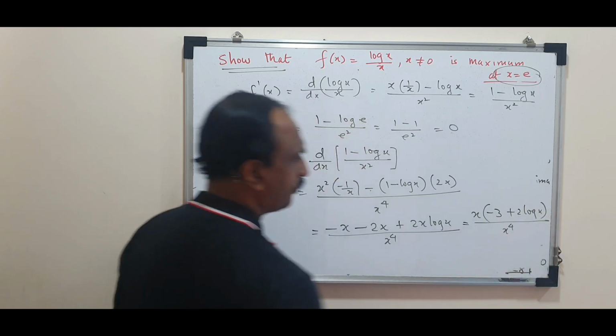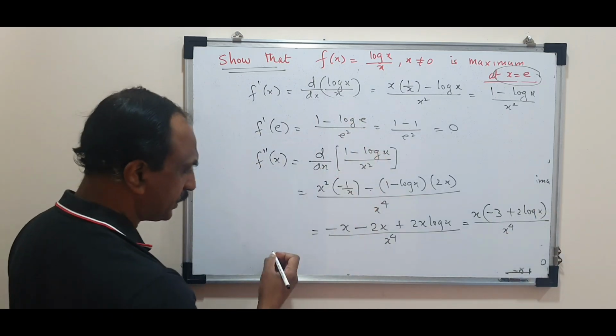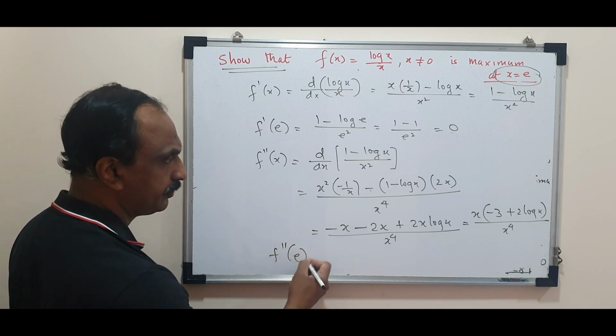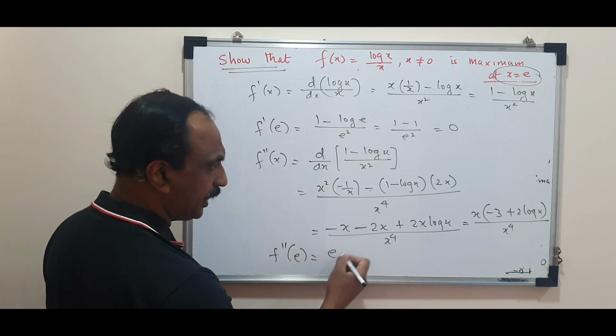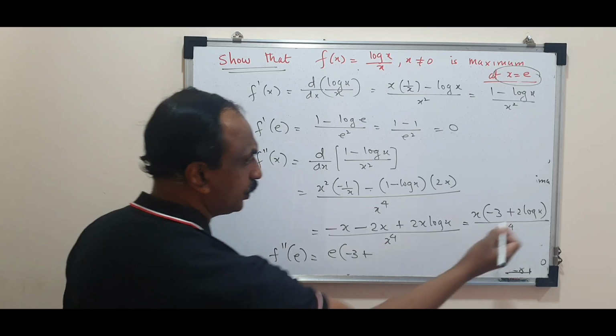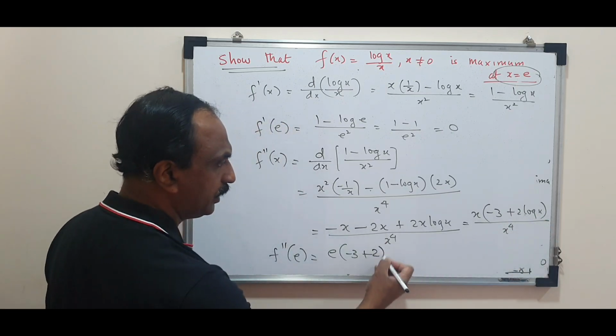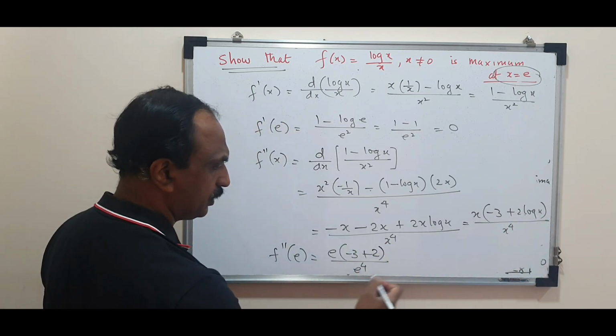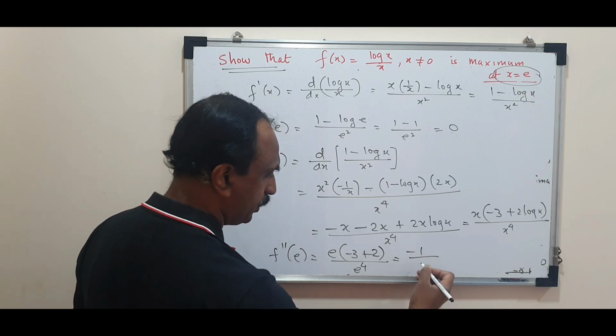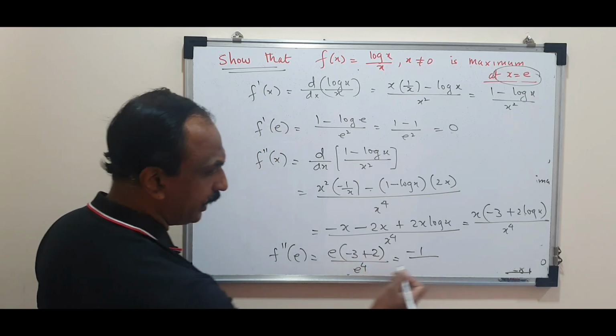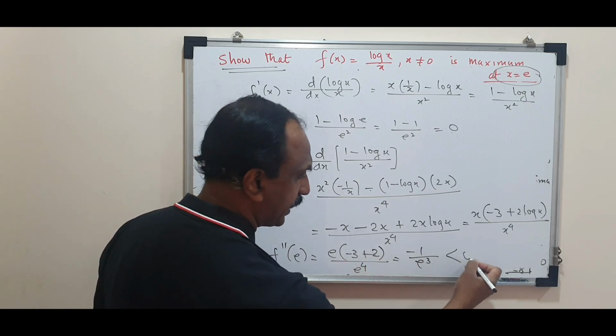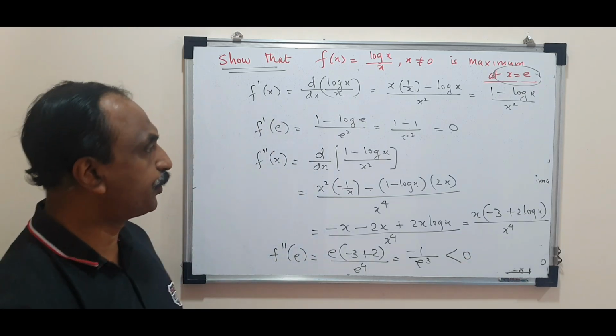Now I'm going to find out the second derivative's value at e. That gives me e into minus 3 plus 2 log e, which is 1, upon e raised to 4. So it is minus 1 upon e cube, which is a negative number. So what have we proved?